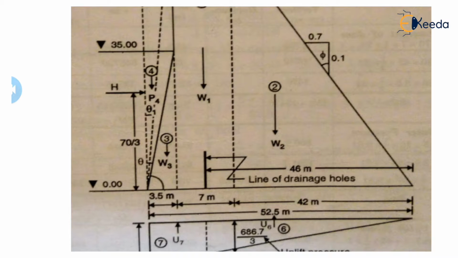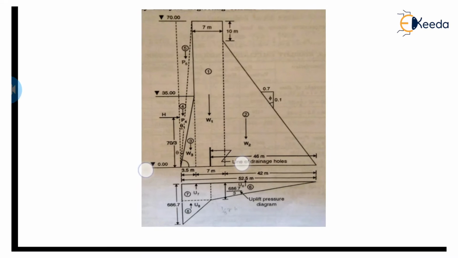So how will we find this out? Take that triangular section: half into base, which is 3.5 meter, height is 35 meter, half into base into height. That is multiplied by the unit length, because when we take the stability of a gravity dam, we are assuming the length as a unit, meaning we are taking the length as 1 meter only. So multiply by 1 meter, multiply by the unit weight of the material.